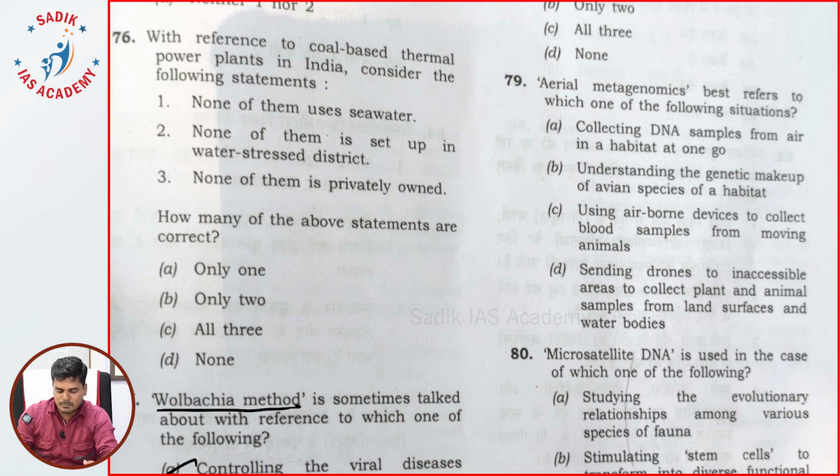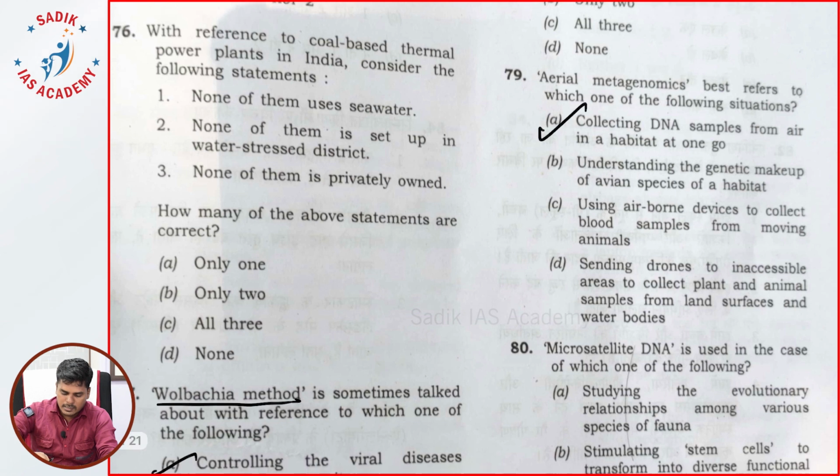Option B, understanding the genetic makeup of avian species of a habitat using... third option, using airborne devices to collect blood samples from moving animals. D, sending drones to inaccessible areas to collect plant and animal samples from land surface and water bodies. So aerial metagenomics is collecting DNA samples from air. So option A is the answer.